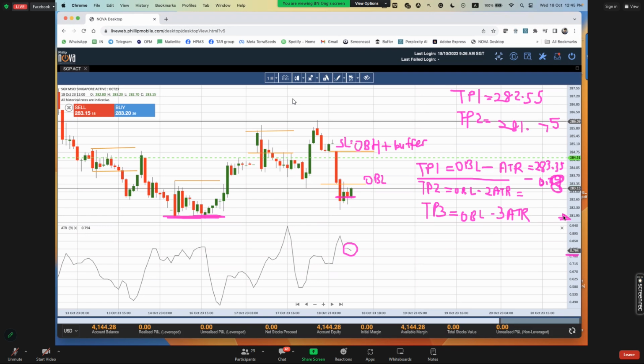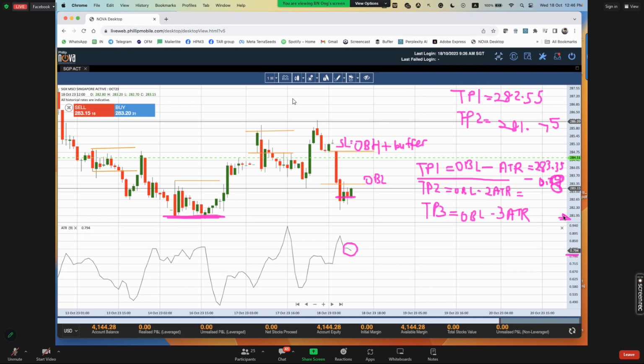Okay, I'm just going to erase, but I will write down the answer because we're going to place the order later on. Can anybody give me the OBH number? What is the OBH number? Because that's the stop loss, right?